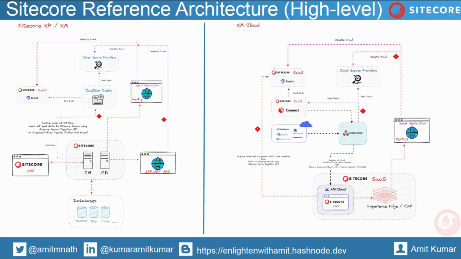So either you can go with another Sitecore SaaS product like Sitecore Connect, which is providing some sort of connector in the form of Workato, which is an inner layer of Sitecore Connect.